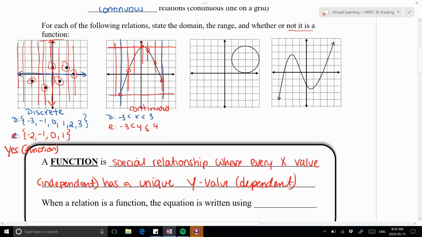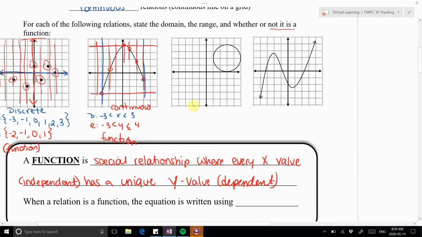So once again, all along here we only have 1 point, so this is a function. So this is another continuous graph.